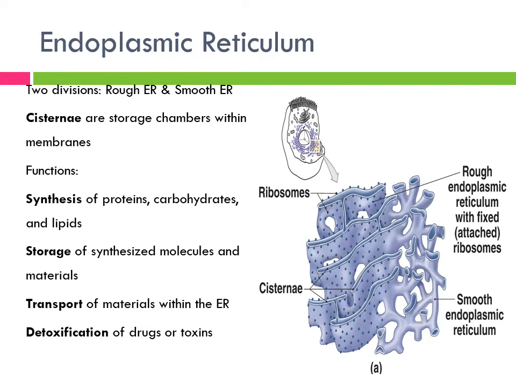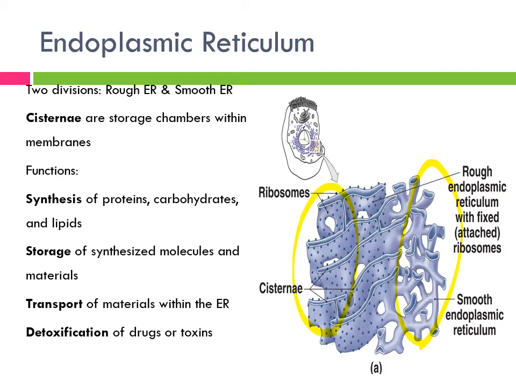The endoplasmic reticulum is a network of intracellular membranes that are continuous with the nuclear envelope. We have two different divisions of our endoplasmic reticulum: our rough endoplasmic reticulum, which is covered with ribosomes, and you can see that here, and our smooth endoplasmic reticulum, which has no ribosomes.